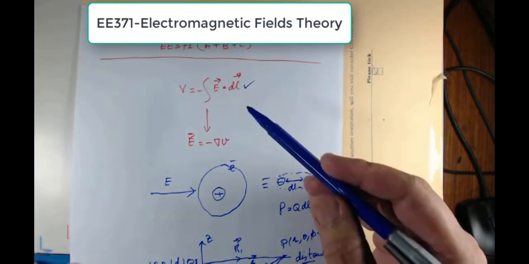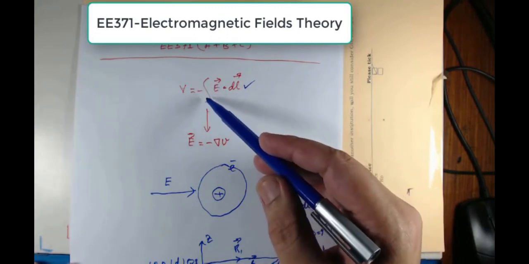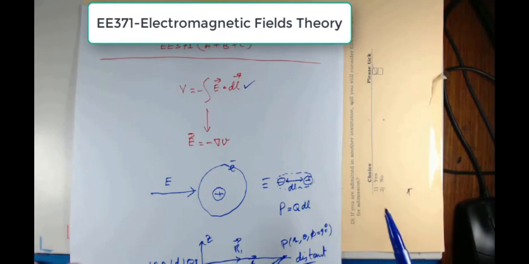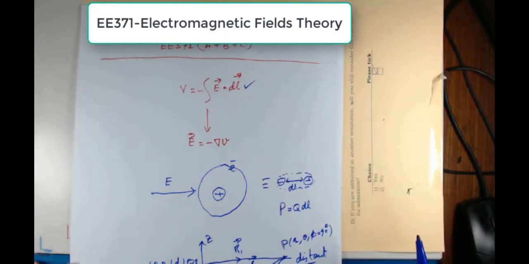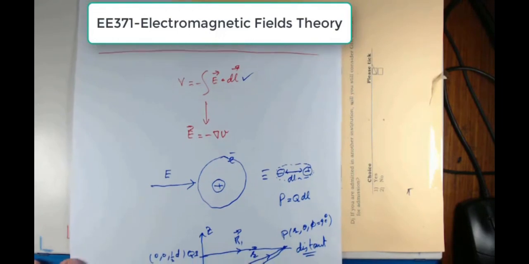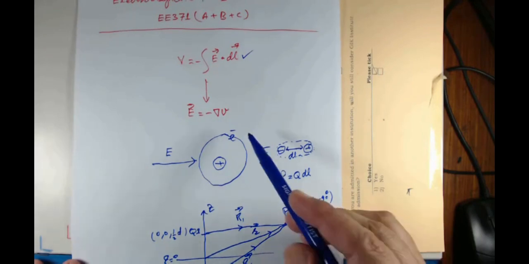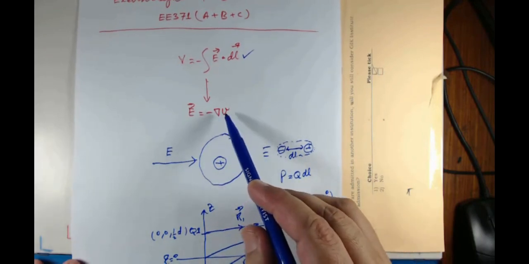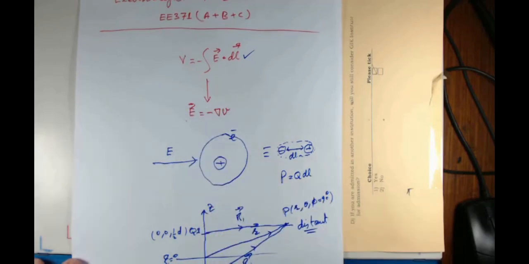But in this case, we have to evaluate this line integration. In order to avoid the evaluation of integration, it will be good to first determine the potential at P point, and then using the negative gradient of scalar potential V, we can easily obtain the electric field.